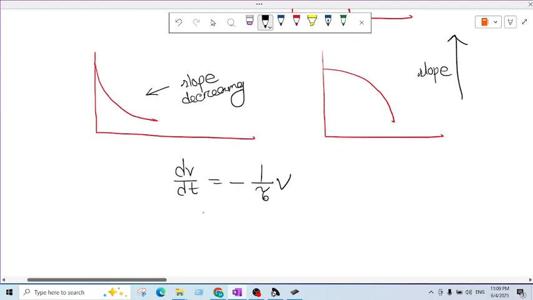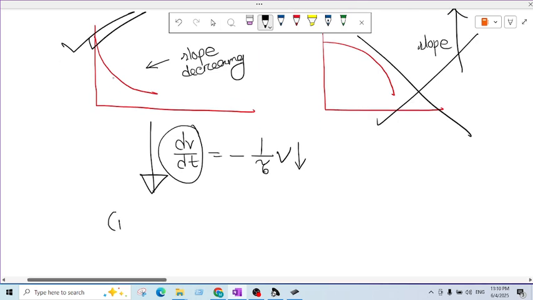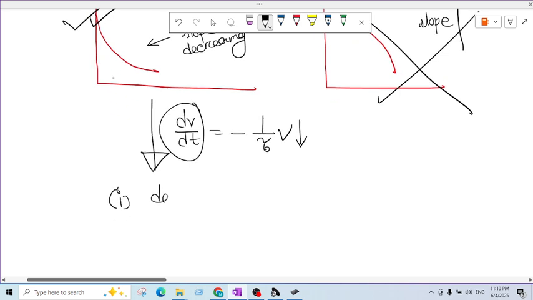But my equation says that if v is decreasing, the magnitude of slope must also decrease, and this matches with the first graph. So the second graph cannot represent this equation. So that means we decided two things: one is that it's a decay function, and another is that the slope is decreasing.